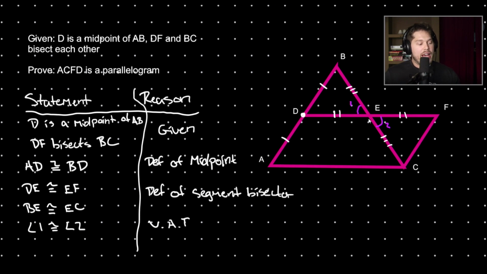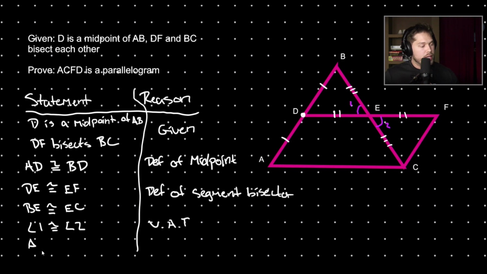And now that we have that marked, we can see that triangle DBE and triangle CEF are congruent to one another by the side-angle-side postulate. So let's state that.